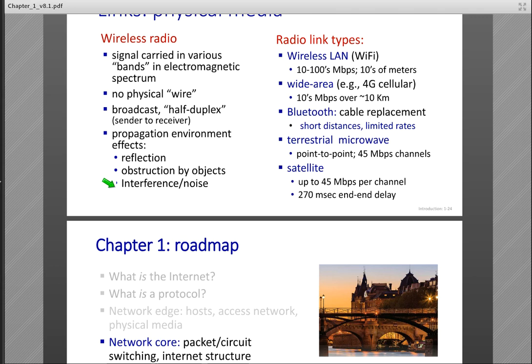Okay. The third effect is interference. Interference means that I can send a signal and the other one can send too.